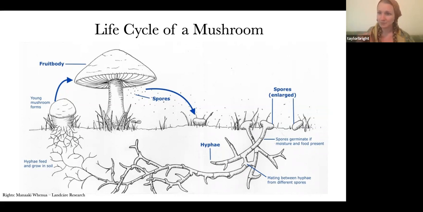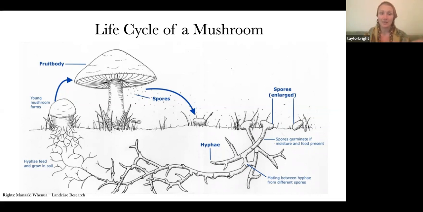So when these two genetically compatible hyphae meet, they form an even larger branching network, and it just branches and branches and grows throughout the soil or wood or substrate, whatever they might be on, and eats and produces enzymes and just chews away at all this organic material. And then once they've gotten their fill, or once an environmental cue is signaled, the mycelium will congregate and push their way out of the substrate.